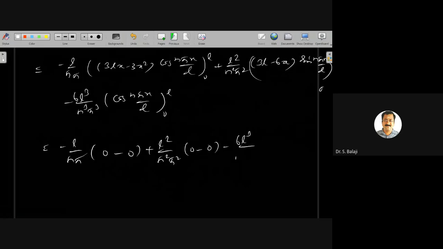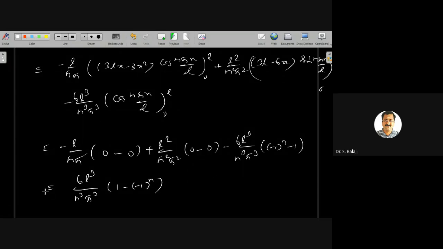Then minus 6L cube by n cube pi cube. When applying L here, L gets cancelled, cos n pi is (minus 1) whole power n and cos 0 is 1. Therefore your answer will be 6L cube by n cube pi cube, 1 minus (minus 1) whole power n.